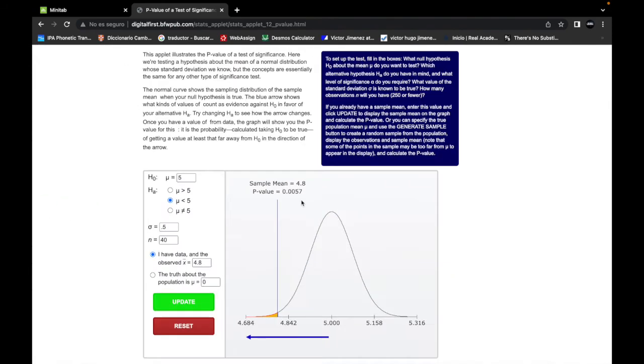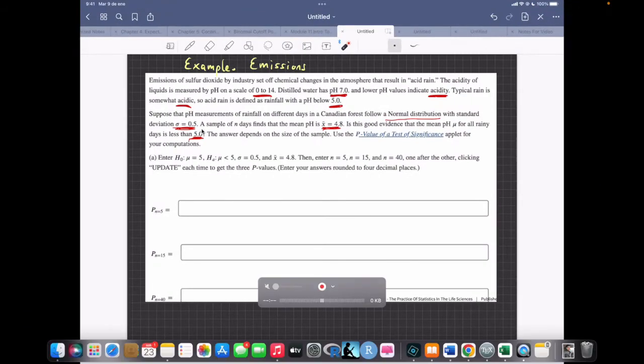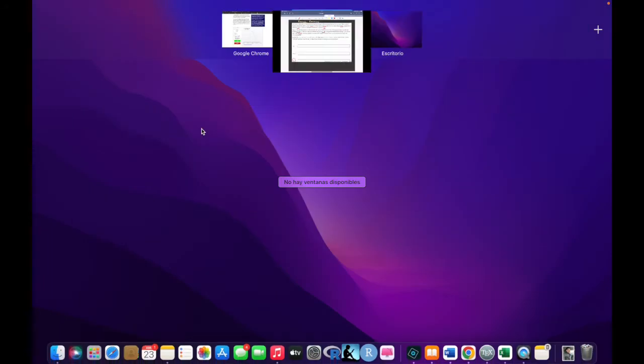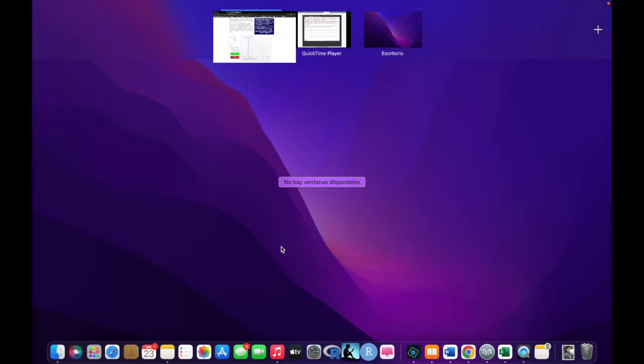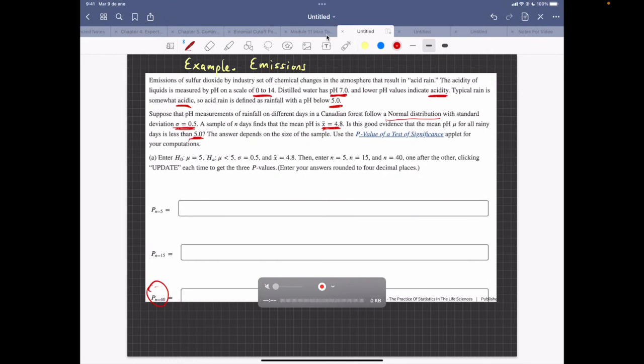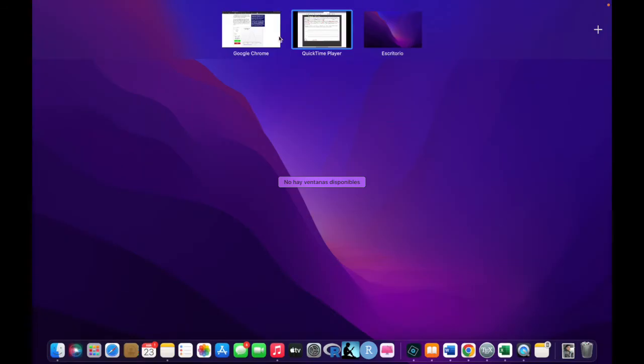It's 0.0057. So for n equal to 40, it is 0.0057. So what's going to happen to the p-value when we change the value for the sample size?